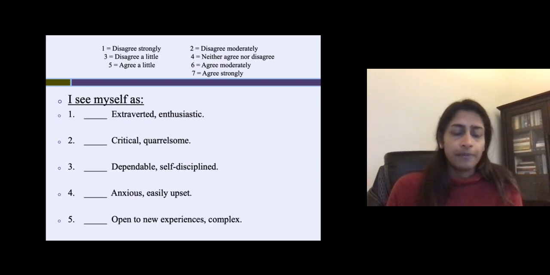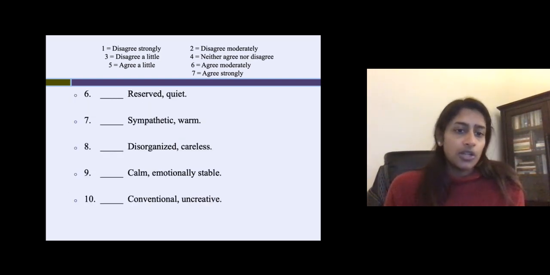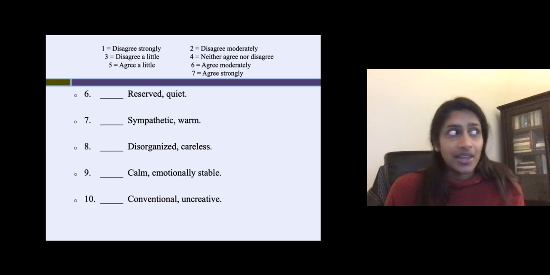So look at question 1. I see myself as extroverted, enthusiastic. So if you're strongly extroverted, you would answer 6 or 7. But we have another question that asks it from the opposite perspective. I see myself as reserved, quiet. Now, if I'm an individual who is really extroverted, how am I going to answer that question?